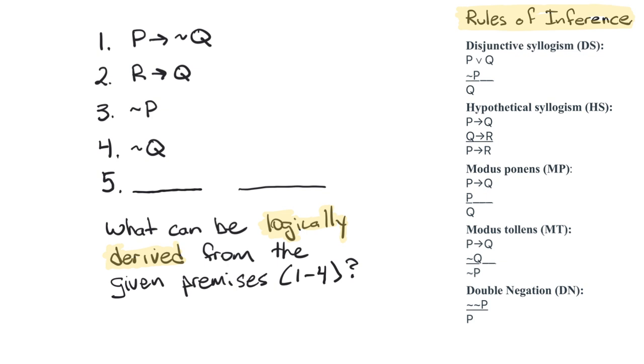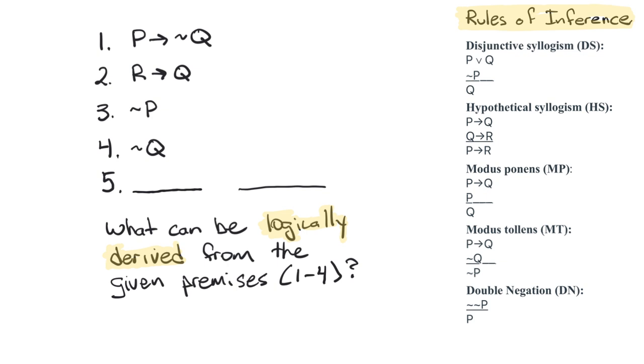So modus tollens is over here. If P then Q, and if we have negated Q, which is the negated consequent, then we're going to get the negated antecedent. Again, if rain, then clouds, no clouds, therefore no rain. So no rain logically derives from those two given premises.